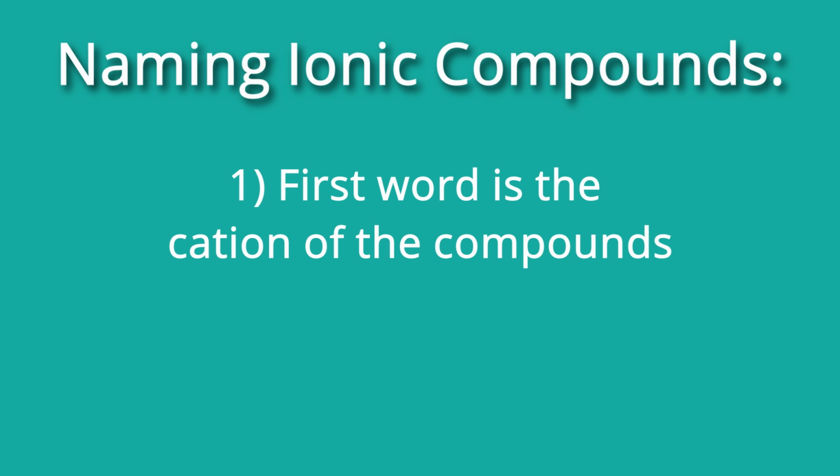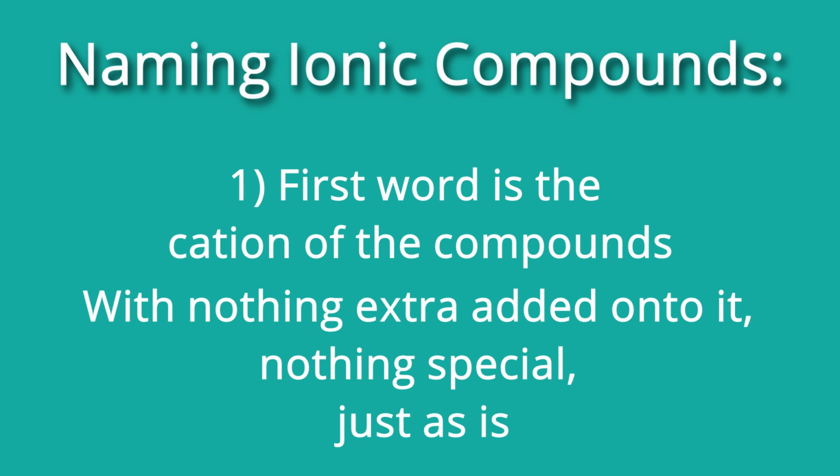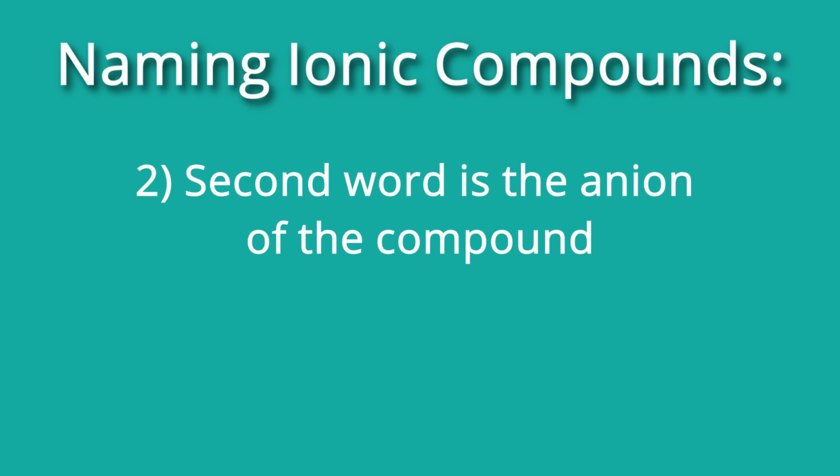And so when we name ionic compounds, the first word will always be the cation, or the positively charged ion. And when we're naming it, we just leave it as is. And we'll have some examples towards the end of the section. And then the second word will always be the anion of the compound. And this one will always end with an "ide."